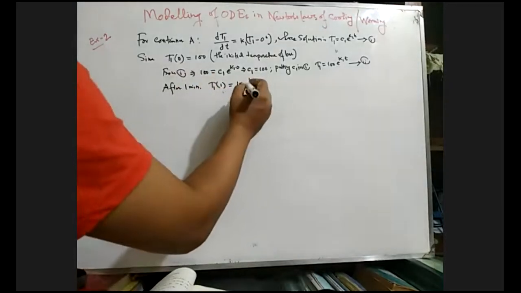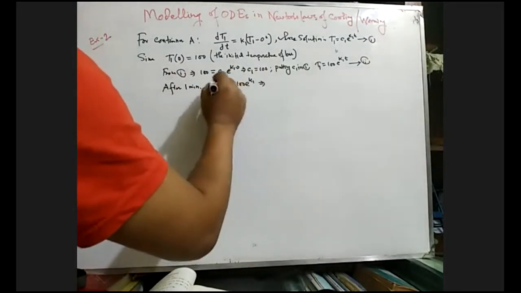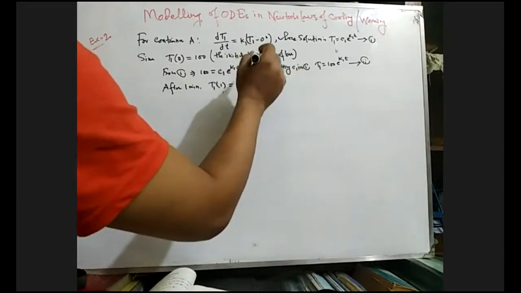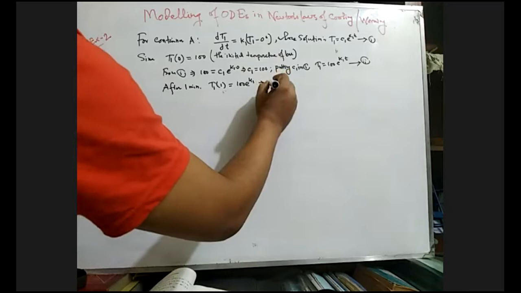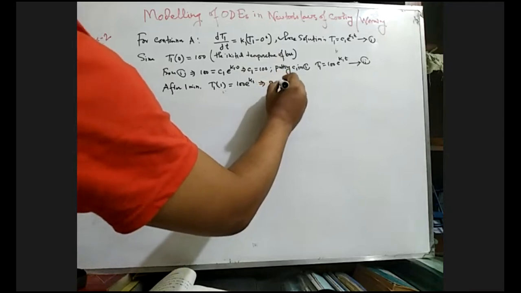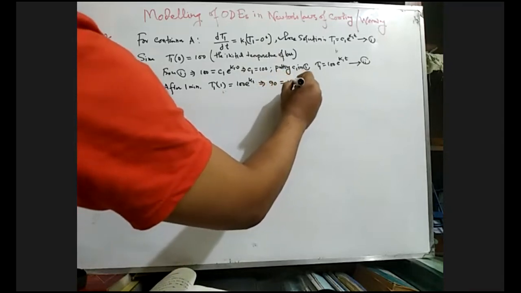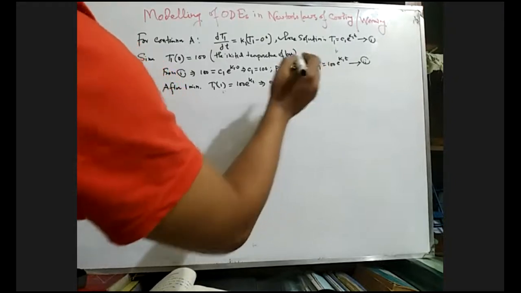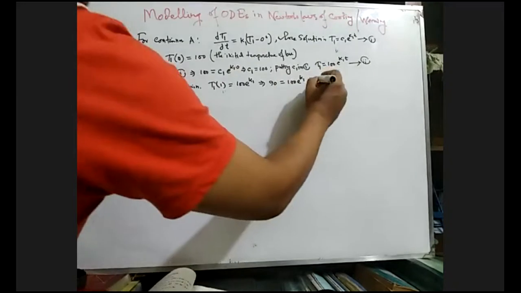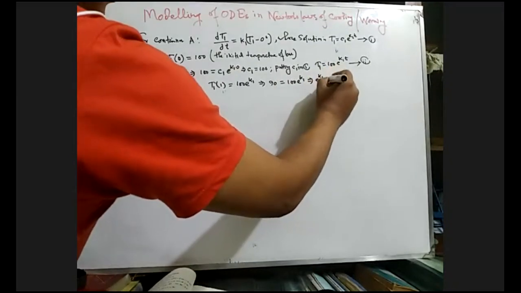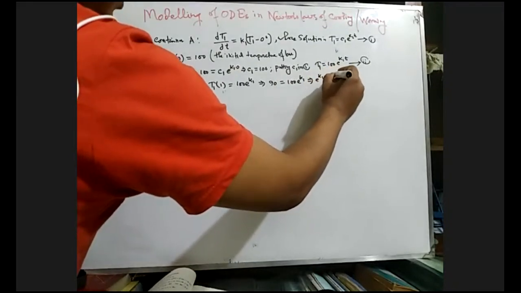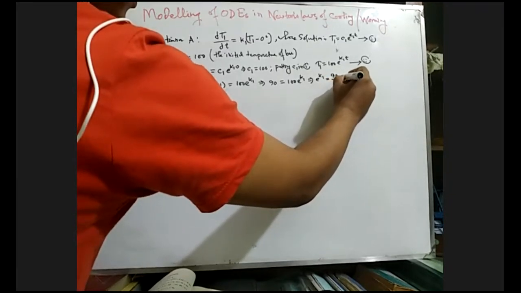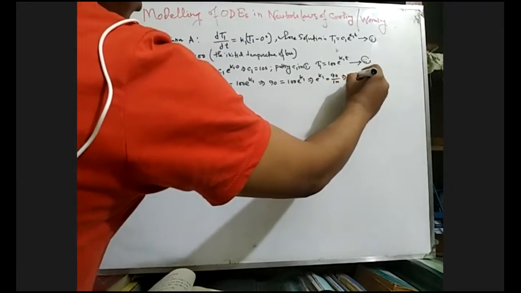After 1 minute, the temperature of the bar decreased to 90 degrees, equals 100 e to the power k1. So from here we can find the value of k1: 90 by 100 equals e to the power k1.